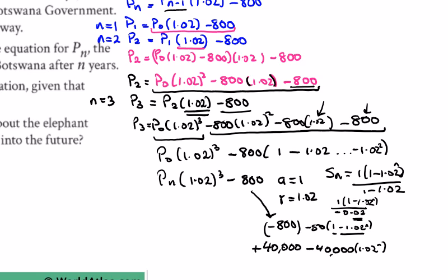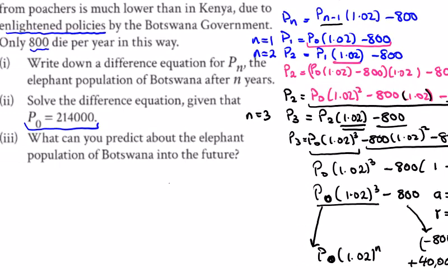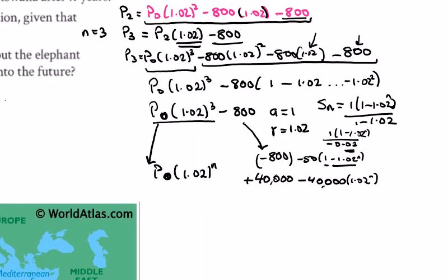Now we also have P0 by 1.02 to the power of n here. The power 3 becomes n, so we're going to get P0 by 1.02 to the power of n, P0 in fact. So we're going to get the original P0 of 214 by 1.02 to the power of n.